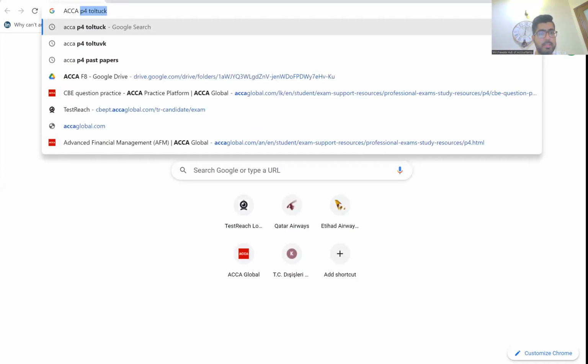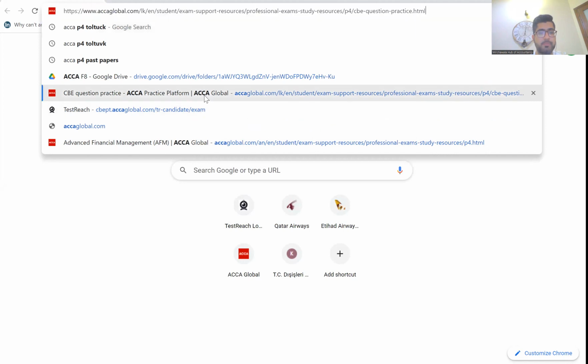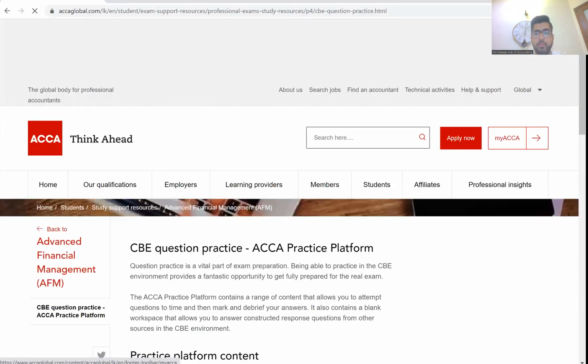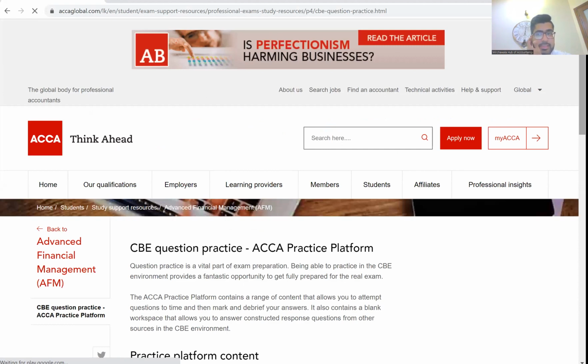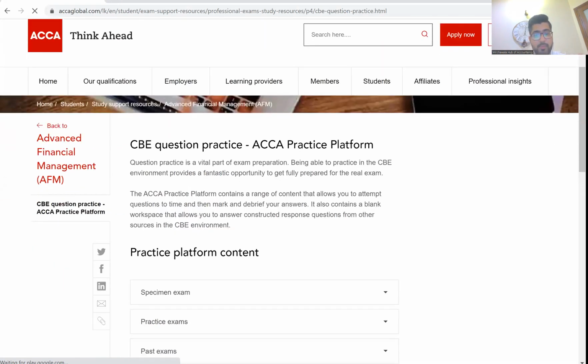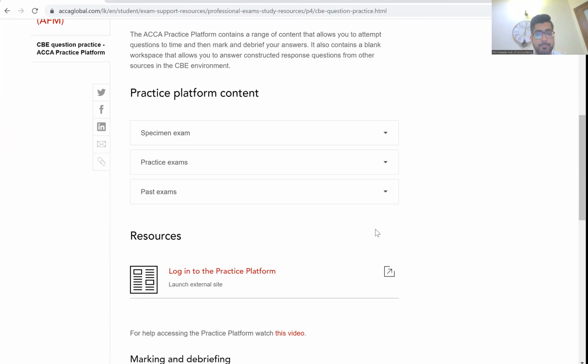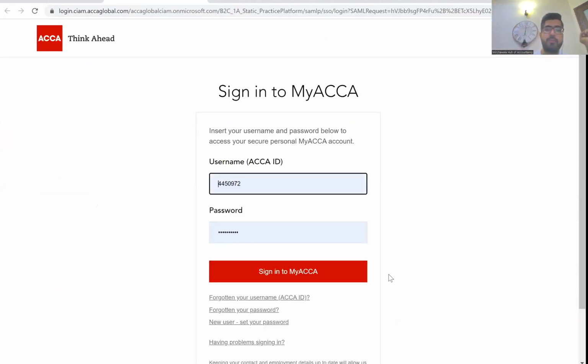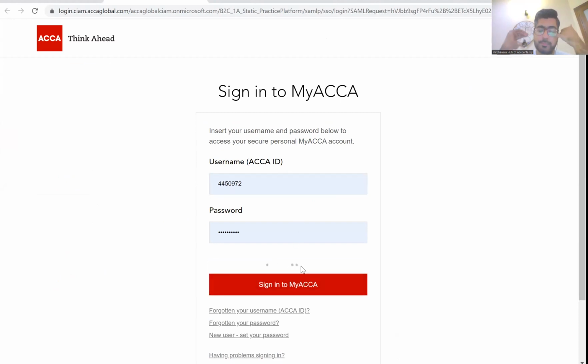It's called the ACCA CBE practice platform, and this is the exact platform which comes in the exam. You can log into the practice platform. The login requires your username, ACCA ID, and password. Sign in.